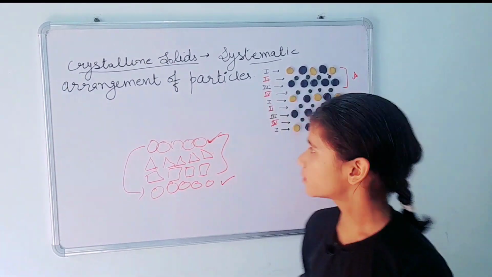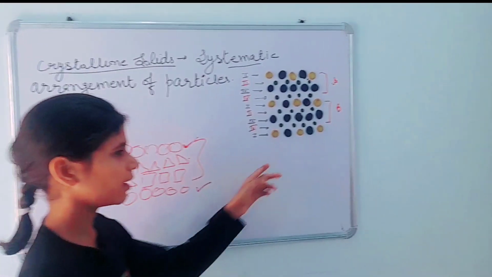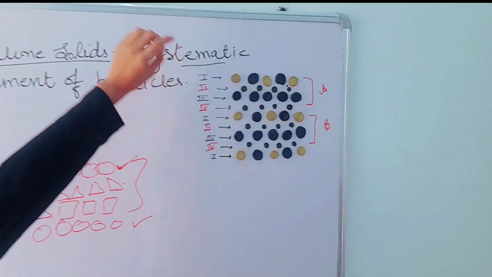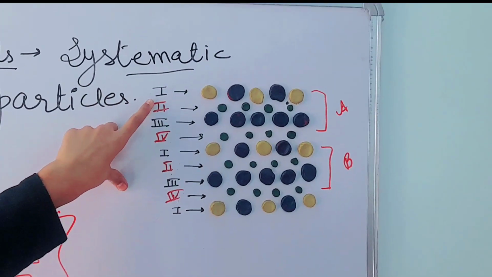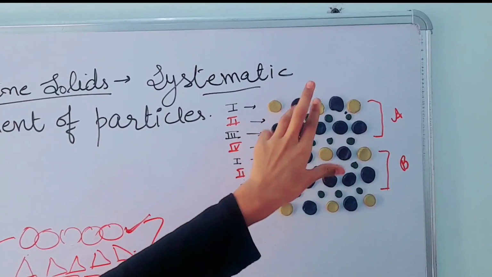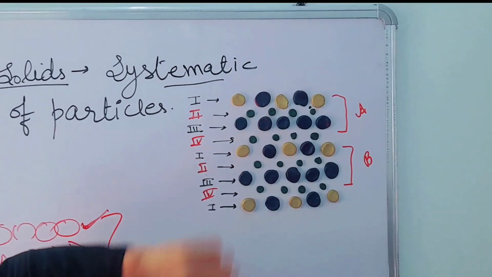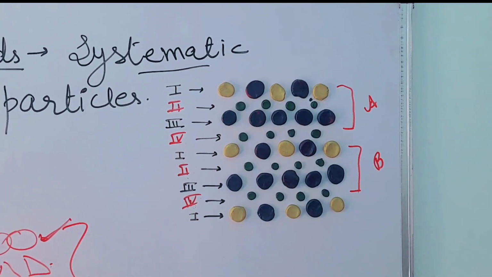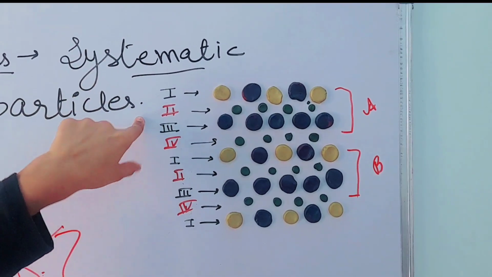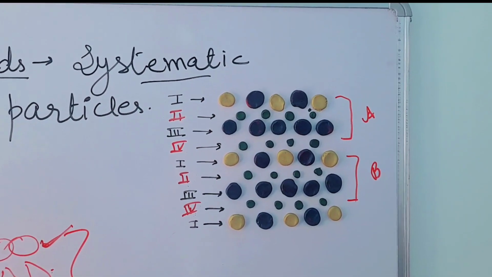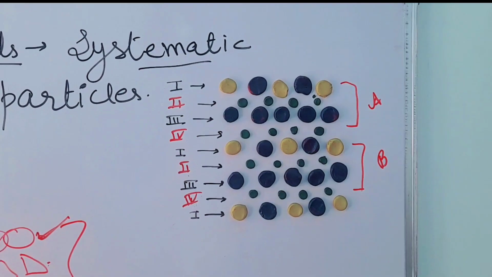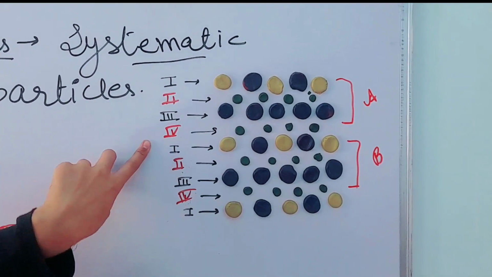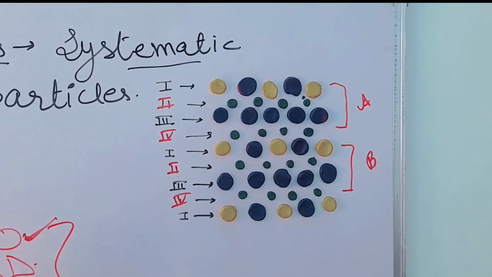As you see here, in the first set, the first row has a yellow first particle and a violet second particle, in the second row the particles are green, in the third row the particles are violet, and in the fourth row green particles come again.